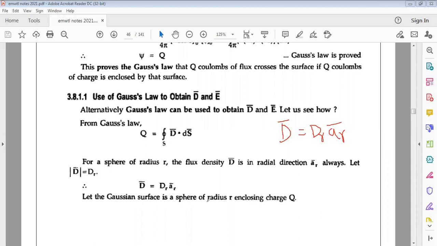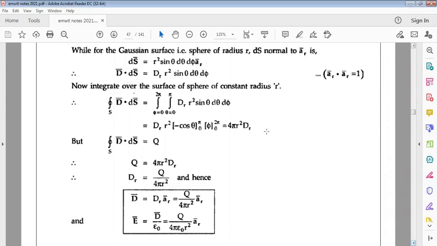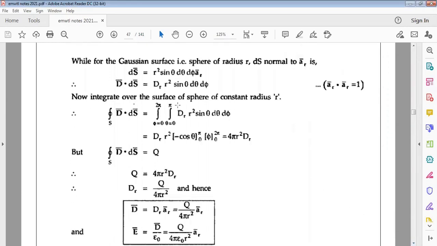Let the Gaussian surface be a sphere of radius r enclosing the charge Q. In the spherical coordinate system, the differential surface area normal to the r bar direction is r square sine theta d theta d phi.